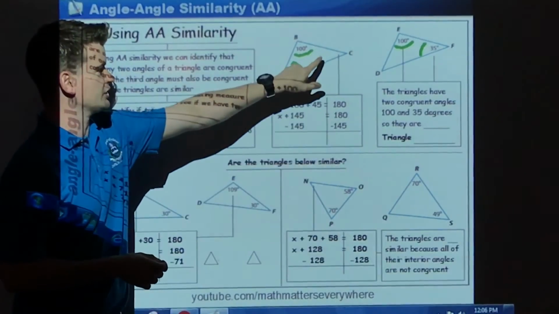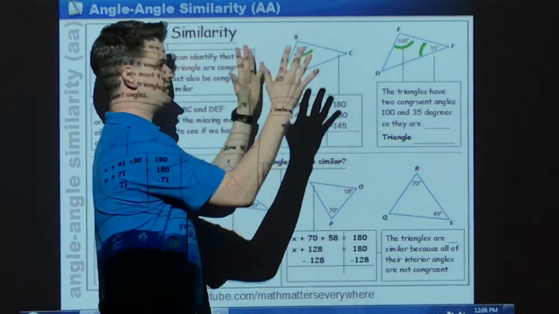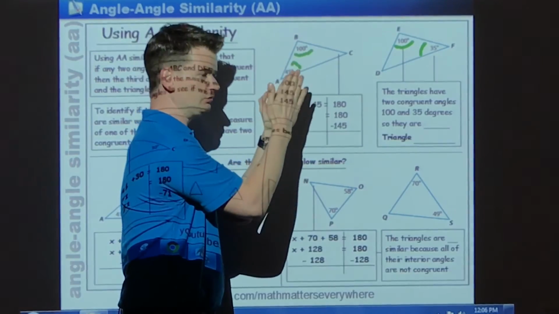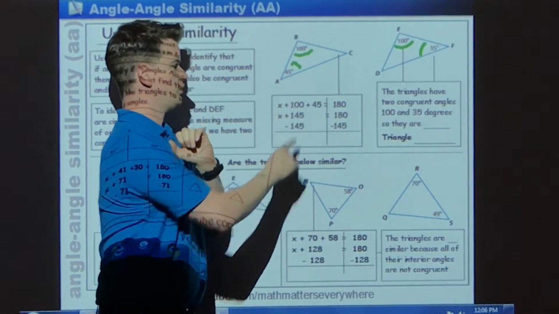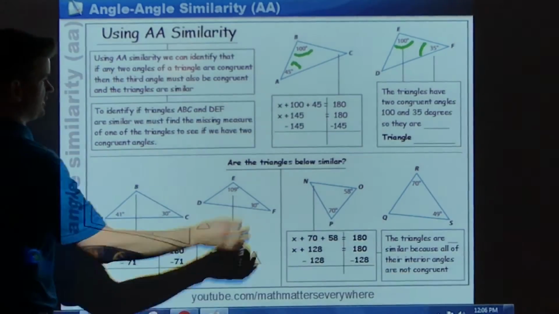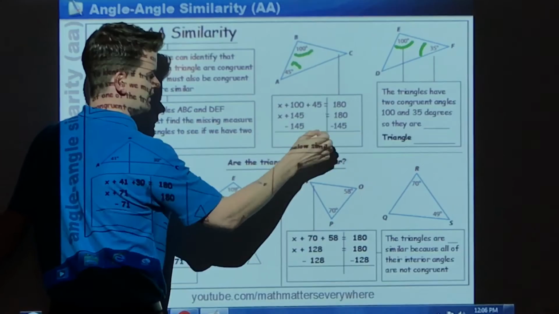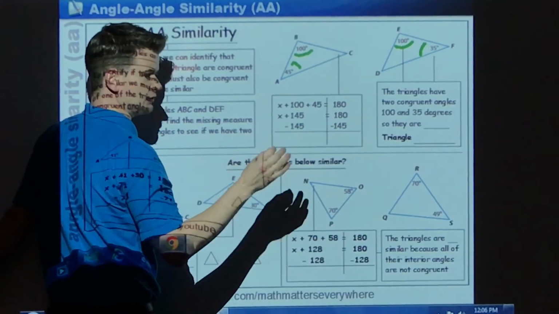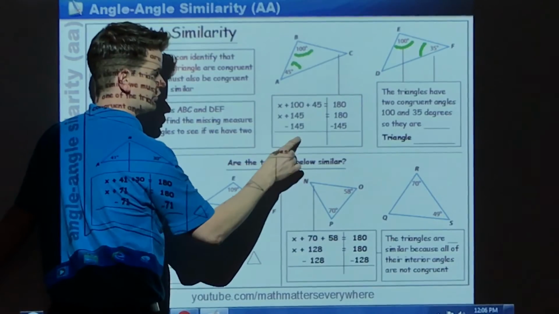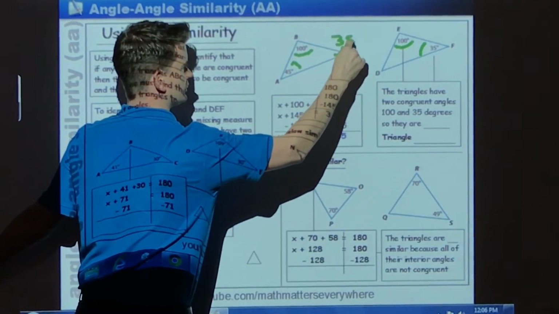So let's identify the third angle here. From the last lesson, you remember, we're dealing with the inside of a triangle, so we set this equal to 180. So x plus 100 plus 45 equals 180. Combine your terms. x plus 145 equals 180. Subtract out the constant, and that's going to leave me with x equals what? 35. So that means that this angle equals 35.